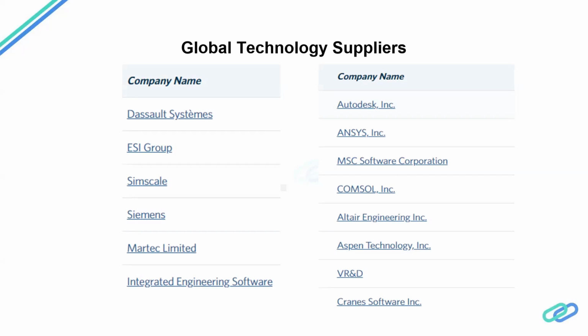ESI Group specifically deals with injection molding and those kinds of software. Then you have Siemens, which deals specifically with PLM software, that is, product lifecycle management. Then you have ANSYS, which deals with static, dynamics, non-linear and multiple things. Similarly, you have MSC Software, which again has a set of products it caters to. So these are the various suppliers which are present.